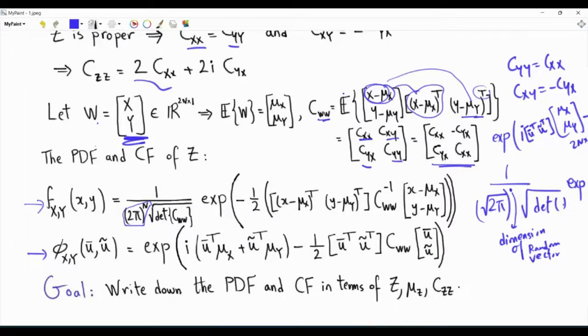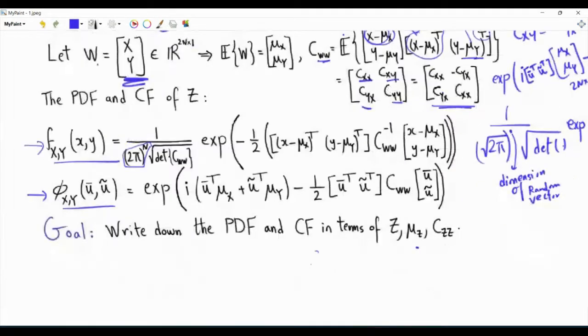But we combined x and y in the complex valued random vector z, for the sake of having a compact representation. Rather than working with x and y, we just combine them as one complex valued vector. So it would be nice if we can rewrite the PDF and the characteristic function so that everything is in terms of vector z, its mean vector, and its covariance matrix.